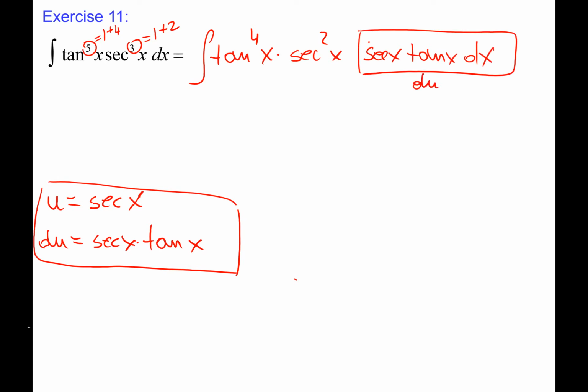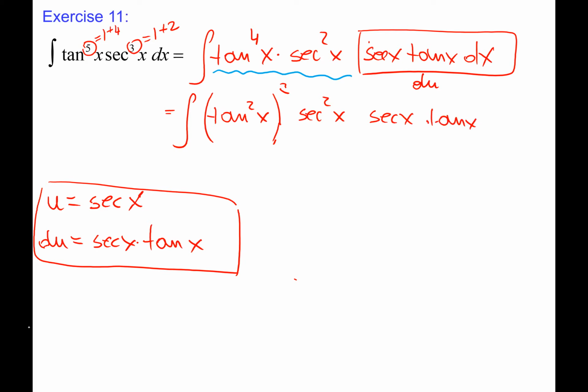Now since u is secant, I want the entire integrand in terms of secant. I have a little bit of a problem because we have squares. What I have is tangent squared of x squared, and then secant squared.